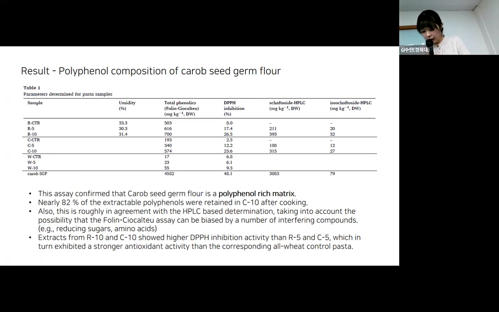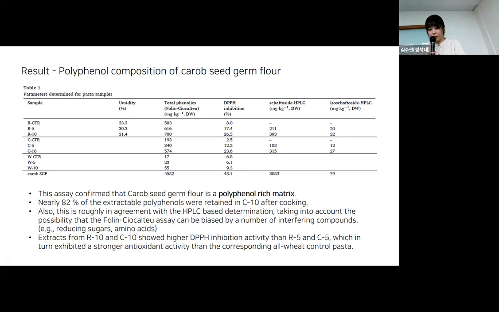About 82% of extractable polyphenols were retained in C10 after cooking, which is roughly in agreement with the HPLC-based determination, taking into account the possibility that the Folin-Ciocalteu assay can be biased by a number of interfering compounds like reducing sugars or some amino acids. So based on the Folin-Ciocalteu assay, the concentration of polyphenols in RCTR was relatively high, whereas only a few peaks of relatively low intensity were detected in the HPLC chromatogram of the relevant extract.